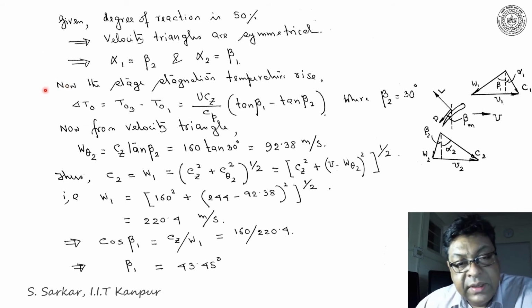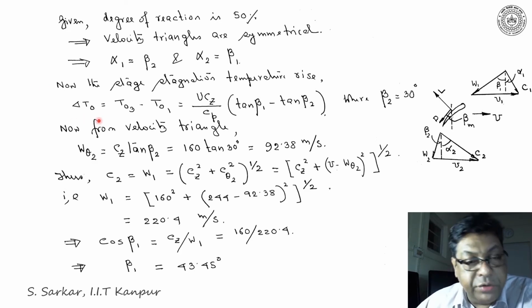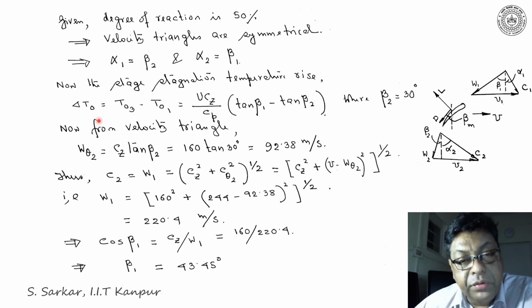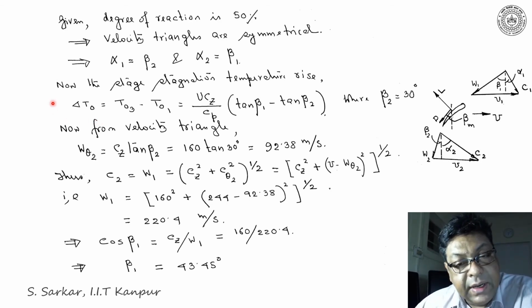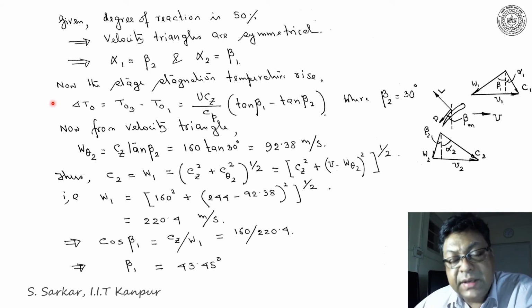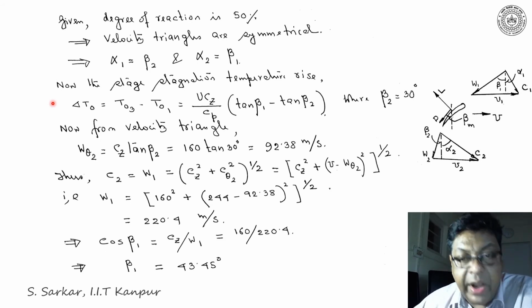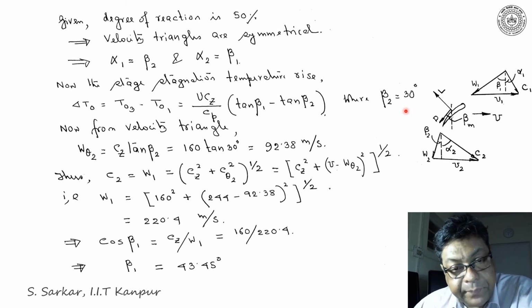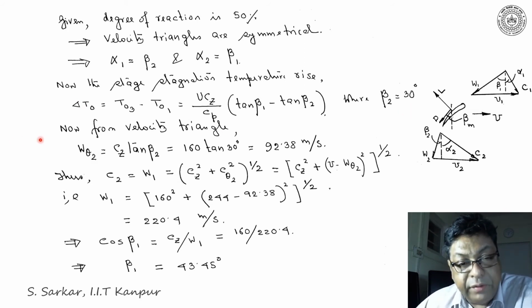Furthermore, the stage stagnation temperature rise can be given as delta T0 is equal to T03 minus T01 equal to U into Cz divided by Cp into tan beta 1 minus tan beta 2, where beta 2 is given as 30 degree.